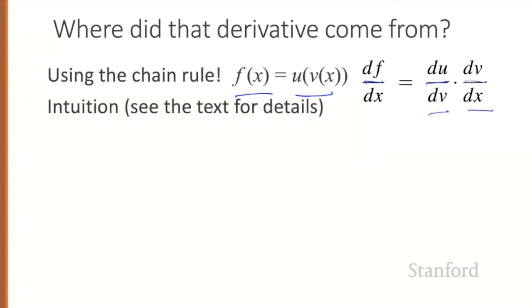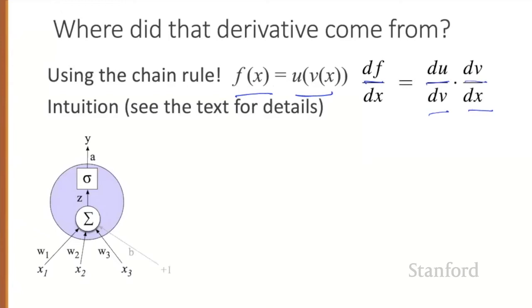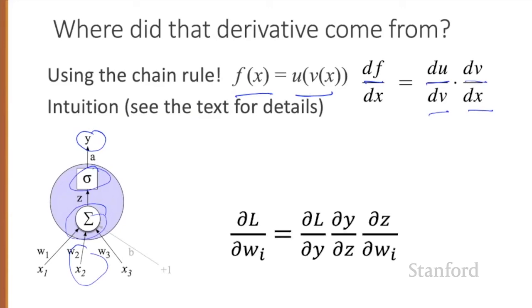And you can see the text in chapter 5 for the details, but the intuition we can see from this neural unit, which is the same as logistic regression. It's computing the loss as a function of y, which is computed as the sigmoid of the sum of the weights times the values. So if we want to do the derivative of the entire loss function with respect to one weight W sub i, we can compute this using the chain rule.